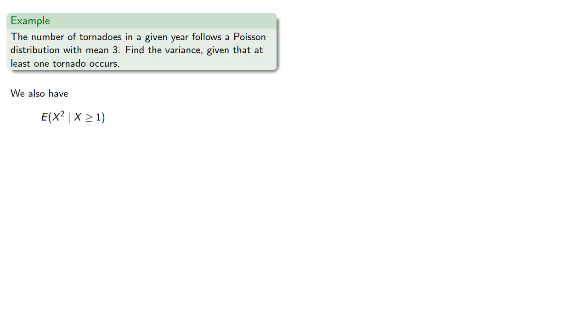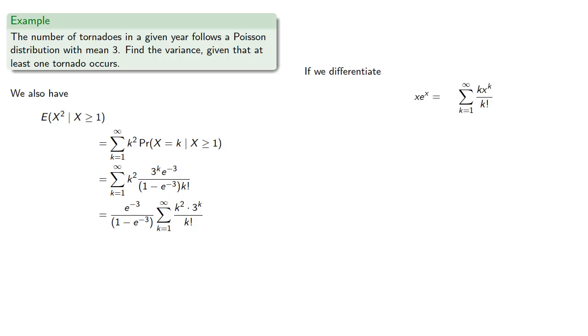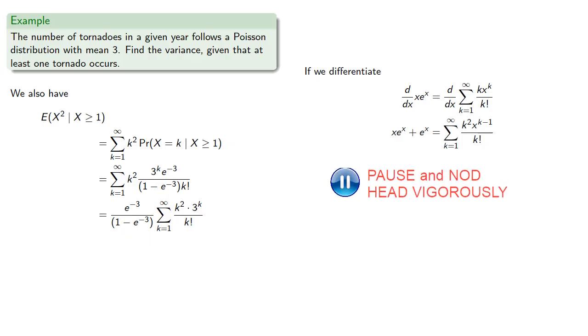The expected value of the square is going to be, substituting in our conditional probability... So our power series for x e to the x gives us one factor of k. If we differentiate again, we'll get a second factor of k.